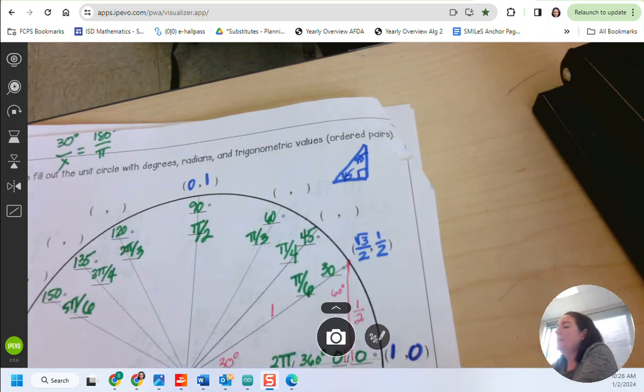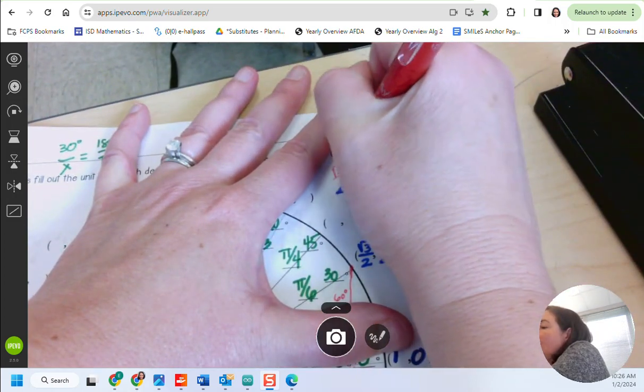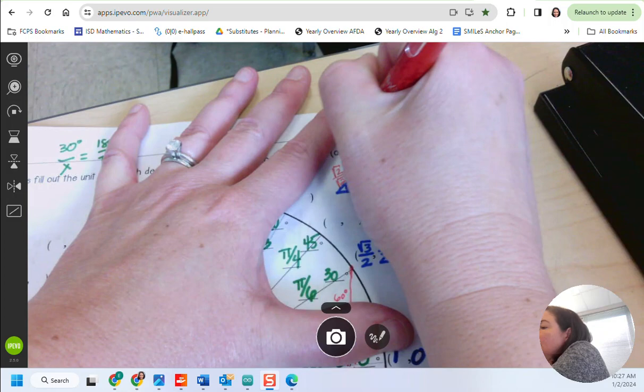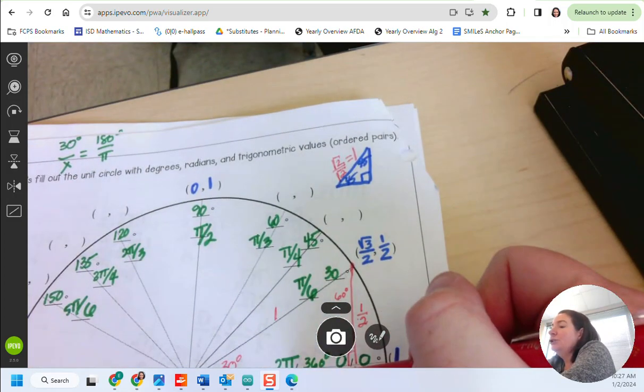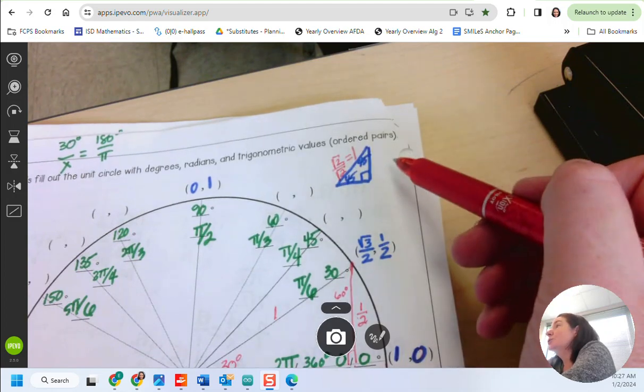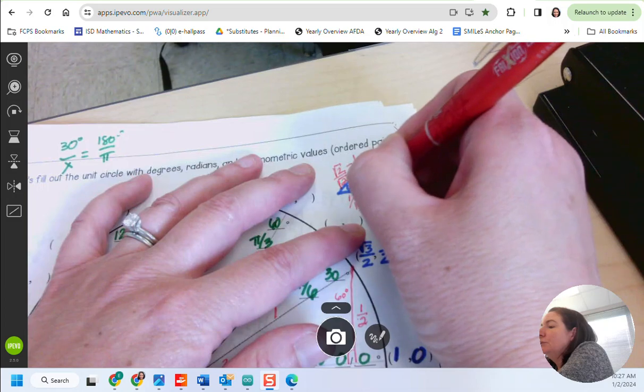So in order to make the hypotenuse change from root 2 to 1, we have to divide it by root 2. So remember here we divided everything by 2. We have to divide all the sides by root 2 this time. So these become 1 over root 2.